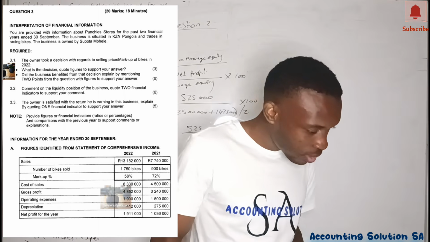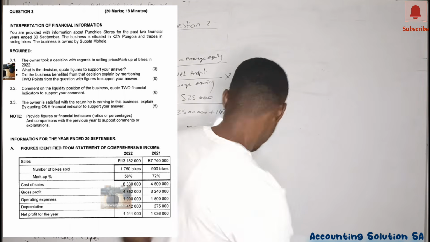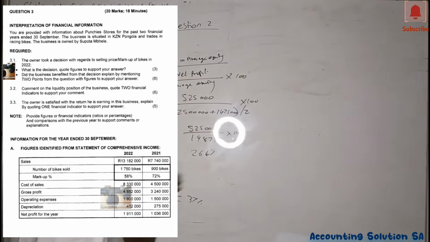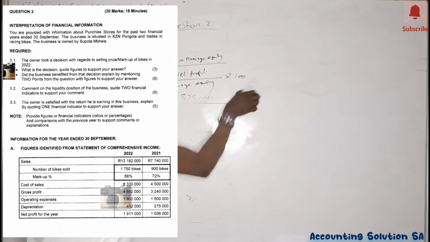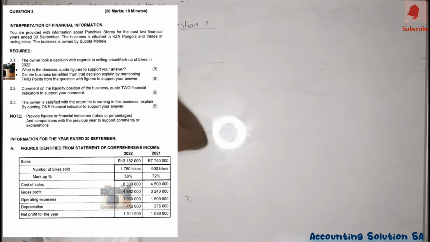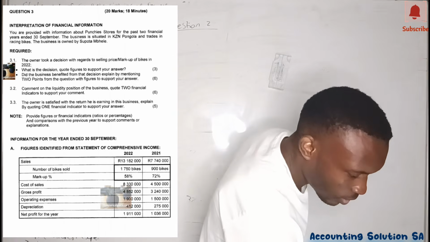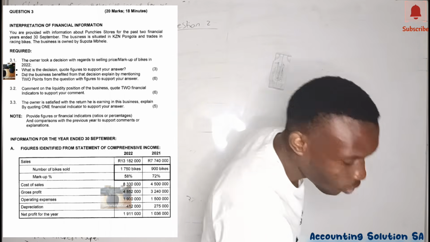So number 1, what is the decision? Quote the figure to support the answer. Which means that we have to quote something to support our answer that yes, it's true that they changed a markup. 3 marks. We have to go to the information and check.